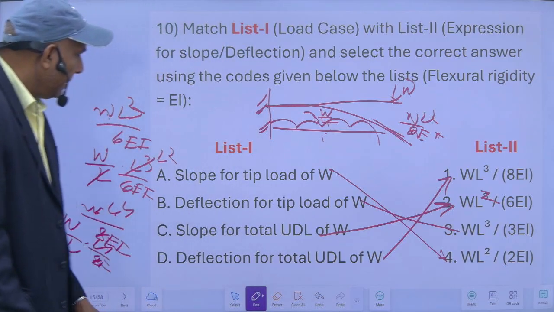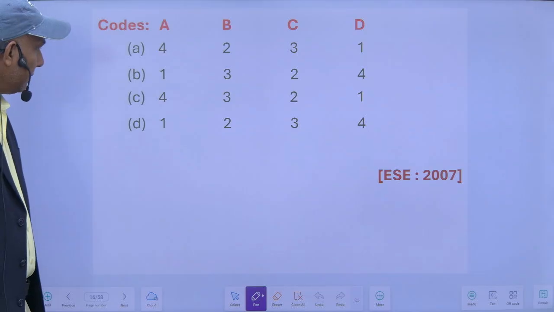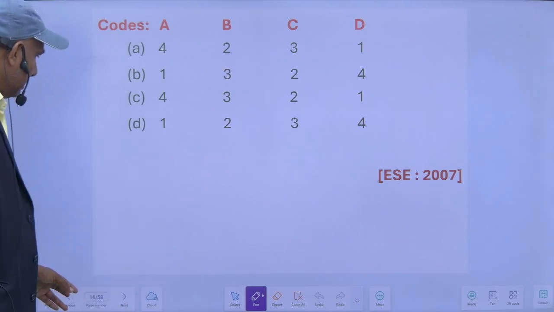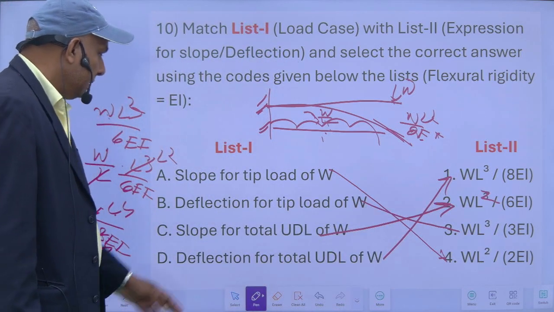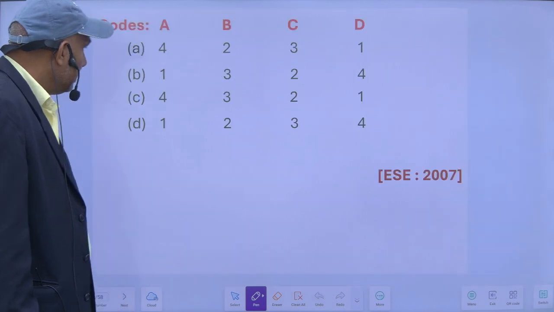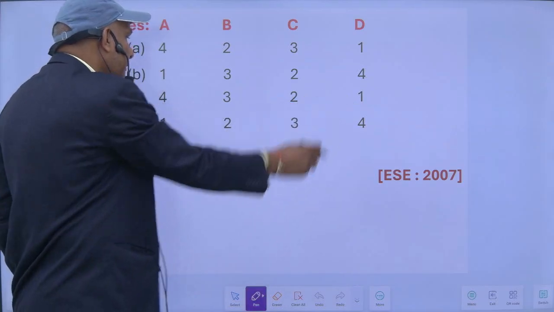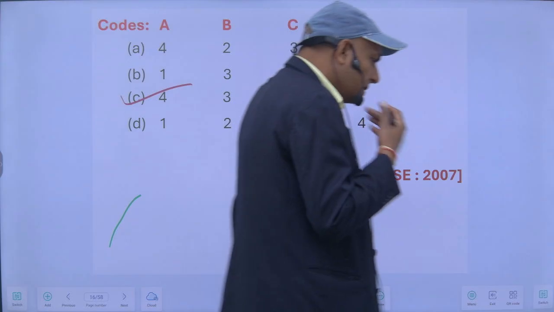So A with 4, B with 3, C2 and D1, means this is the right option.